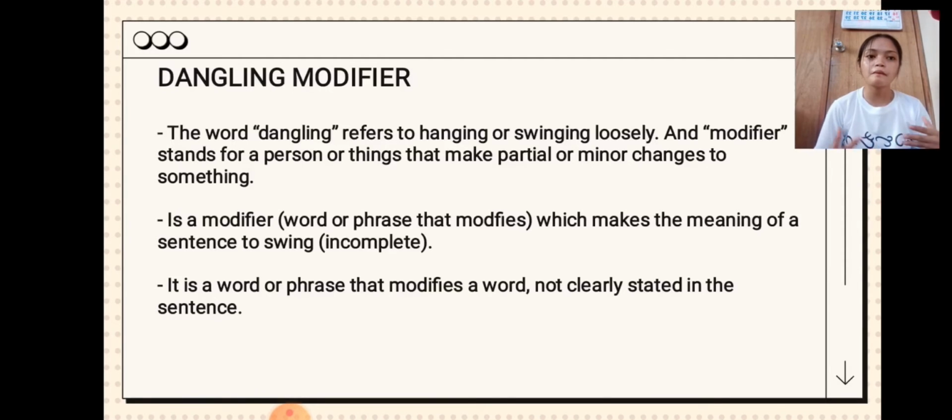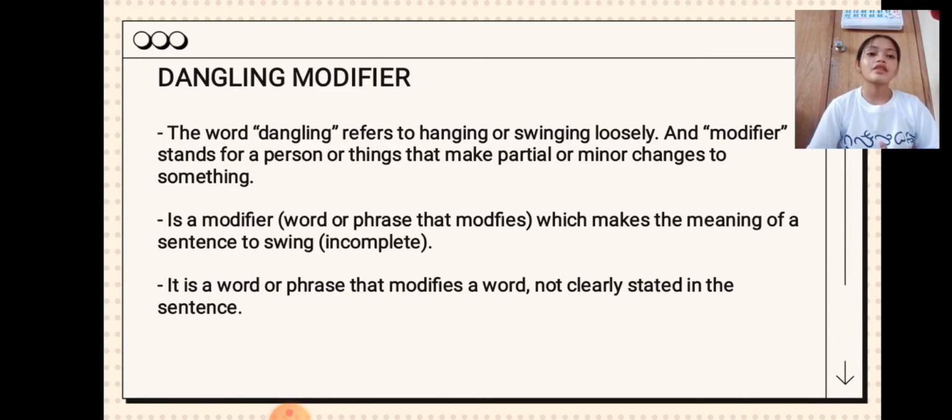When we combine these two, it is a word or phrase that modifies, which makes the meaning of a sentence swing or incomplete. So it is an incomplete, erroneous sentence. It is a word or phrase that modifies a word that is not clearly stated in the sentence.